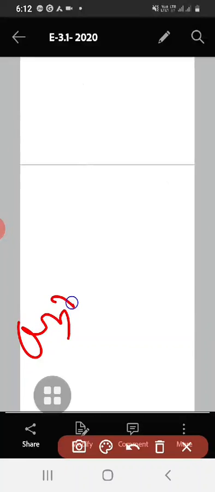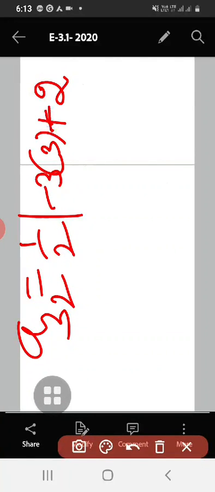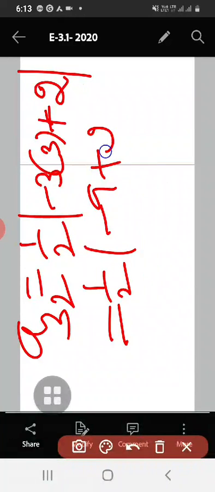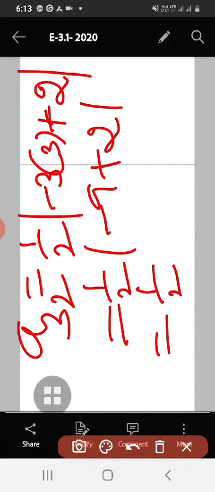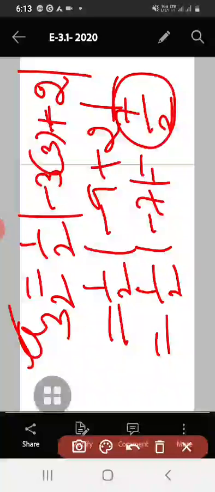Then a32 is equal to half into mod of minus 3 into 3 plus 2, that is half into minus 9 plus 2, half into mod of minus 7, that is 7 by 2. So a32 is equal to 7 by 2.